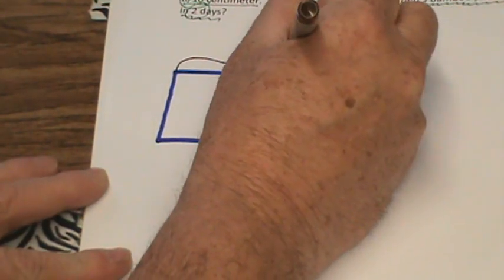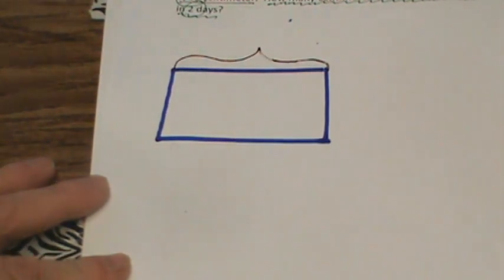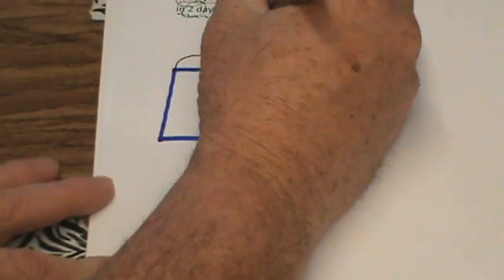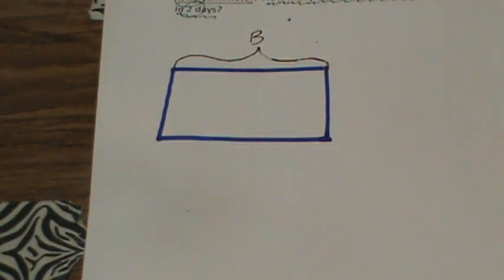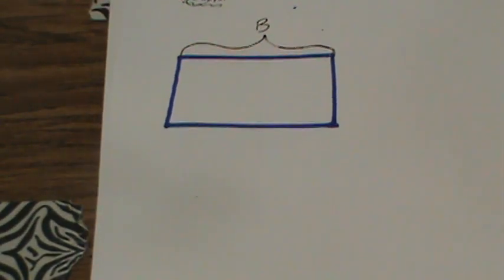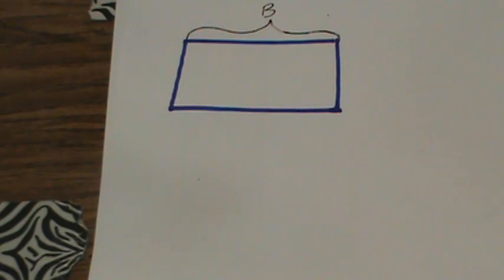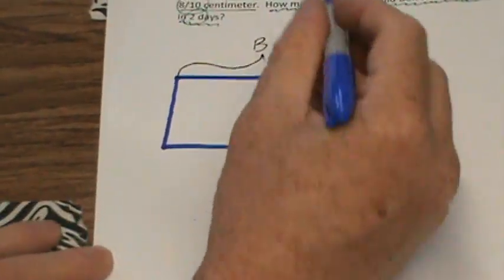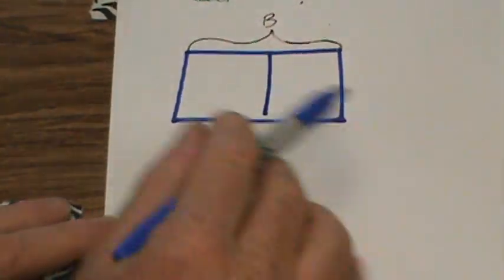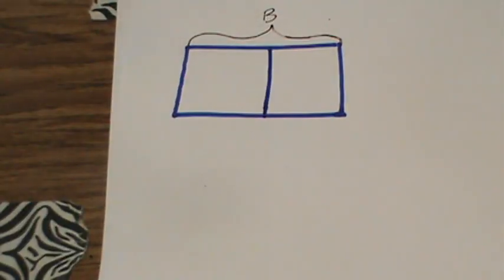So rather than writing Ben's bamboo plant, I'm going to draw the parentheses, a bracket, and just put a big B there for Ben's bamboo. Now, how many days did Ben's bamboo grow? Well, it was a total of 2 days. So let's split this in half. Because remember, we're trying to find out how many centimeters did Ben's bamboo plant grow in 2 days. There's day 1 and day 2.